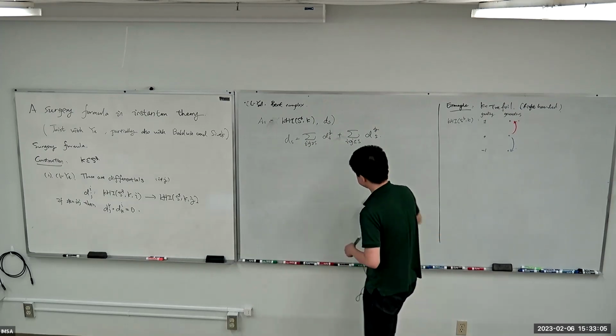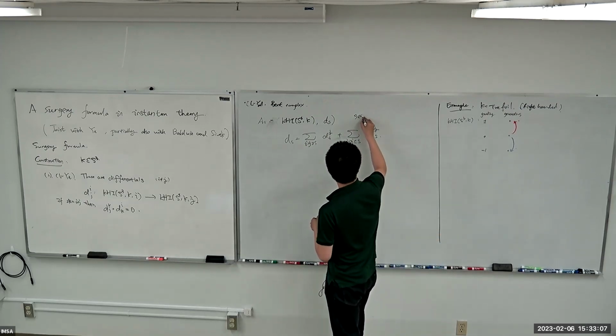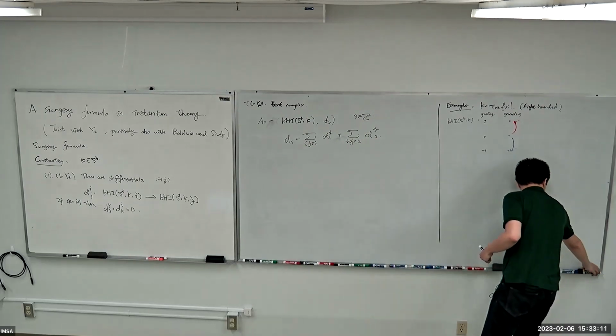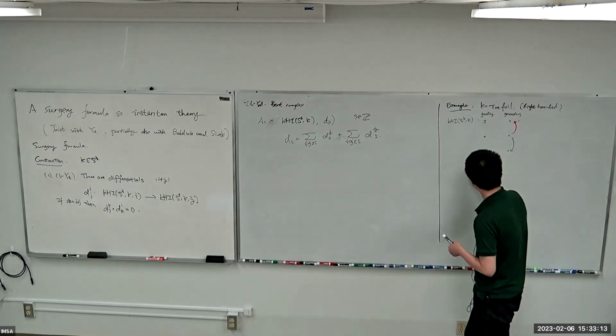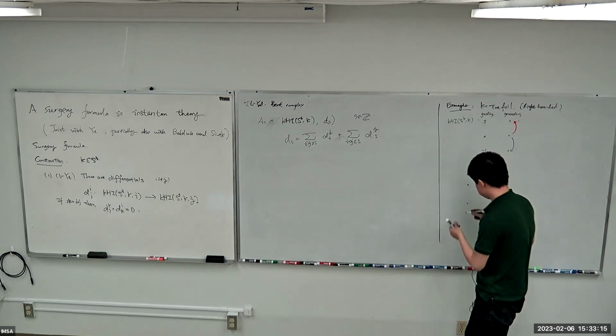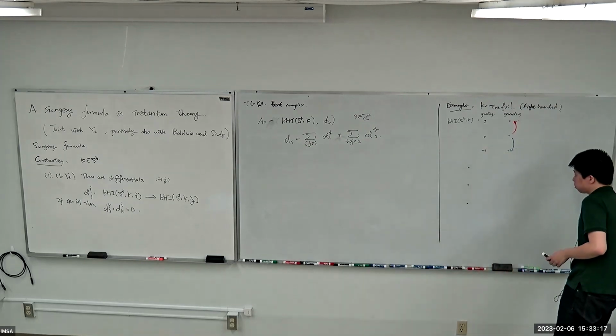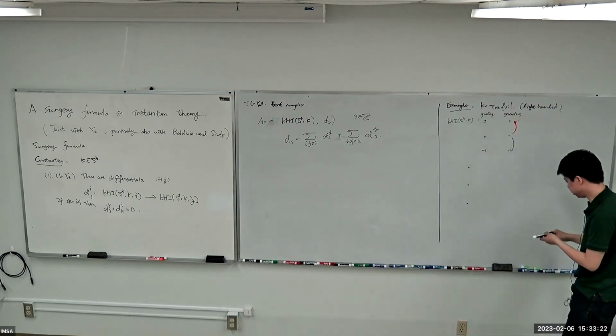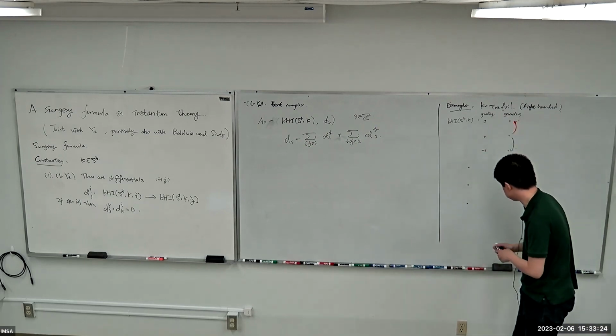With this S in Z, maybe let me also draw three different pictures here. For the complex with index S, we specify this grading. Above this grading we only look at arrows which go up, and below this grading we only look at arrows which go down.